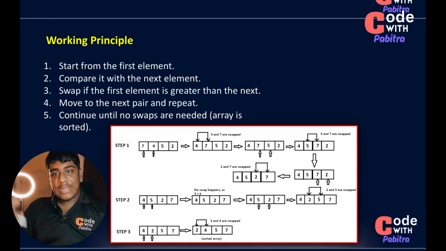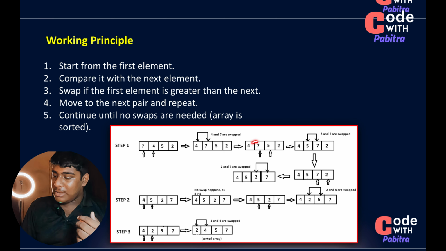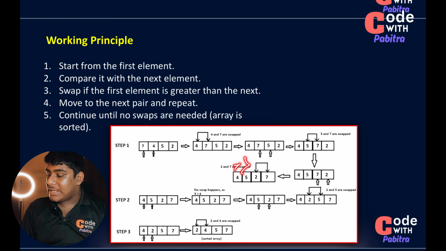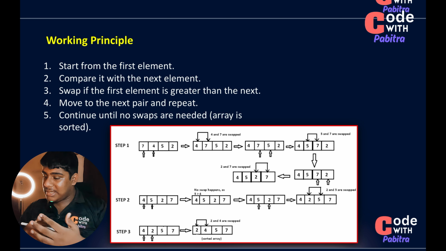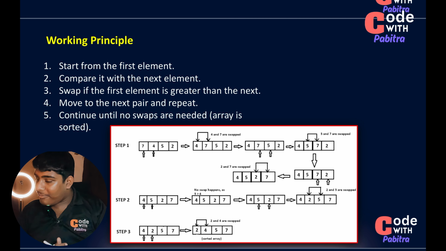Similarly, next we look at the next adjacent elements, 7 and 5. 7 is greater than 5, so 5 will come to index 1 and 7 will go to index 2. Again we check the adjacent elements.